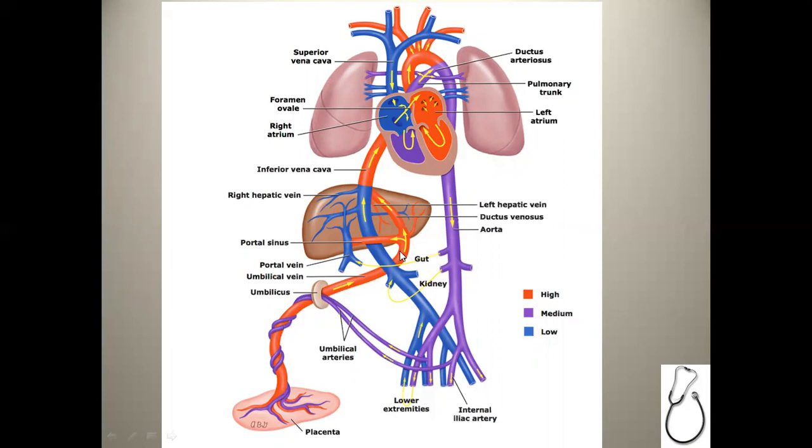Then from the umbilical vein, approximately 50% of it will enter the hepatic circulation, and the rest 50% will join the inferior vena cava through the ductus venosus.